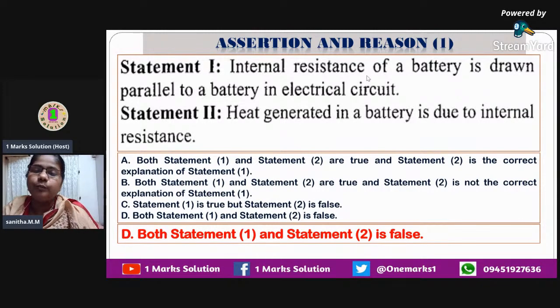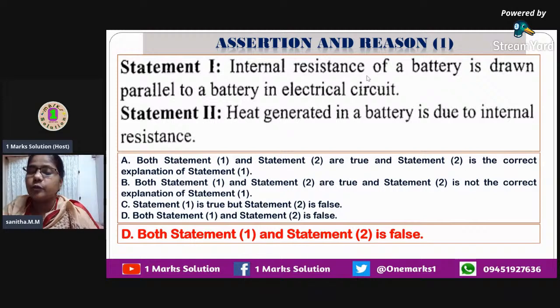One thing I want to say, children, internal resistance is a very important topic. It depends on some factors that you also have to study: the distance between the electrodes, the nature and the concentration of the electrolyte, and the area of the electrode which is immersed in the electrolyte.